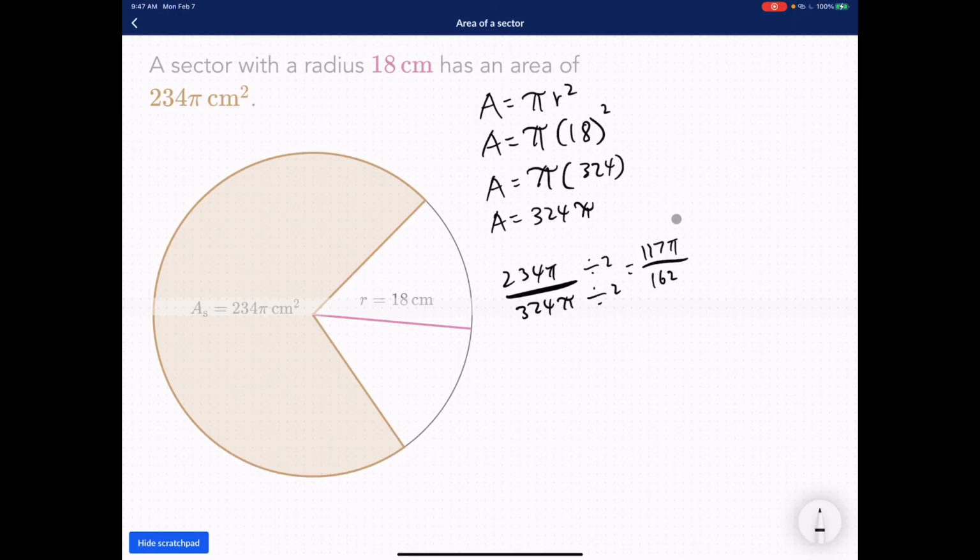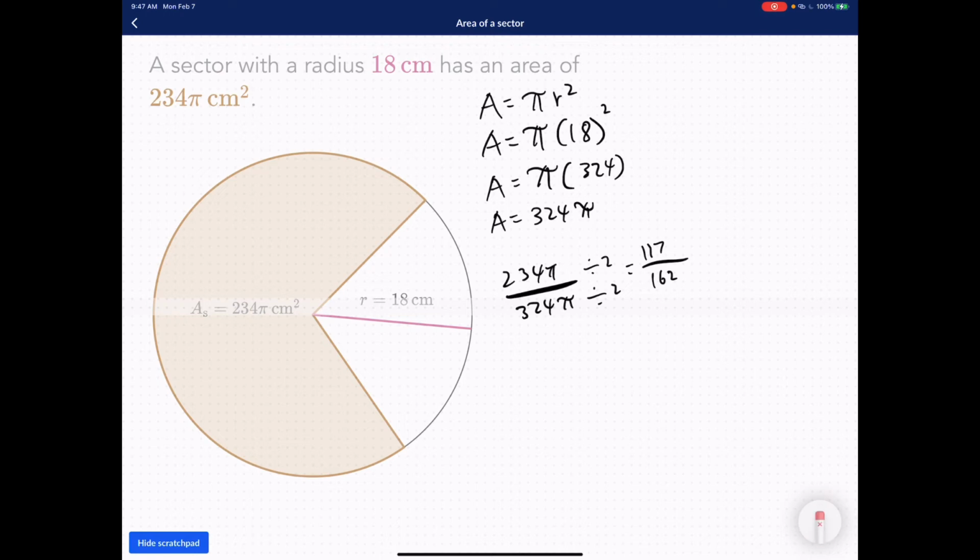Okay. So I got this entire area as 117 pi over 162, in terms of a fraction. Whoops, sorry, that's actually not true.